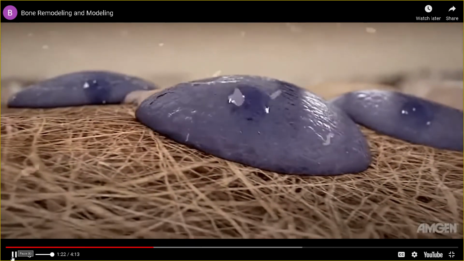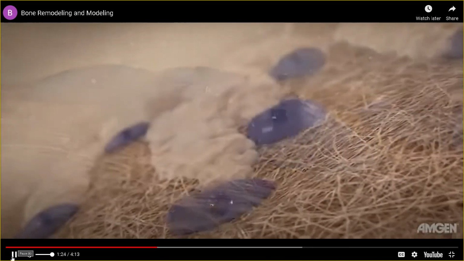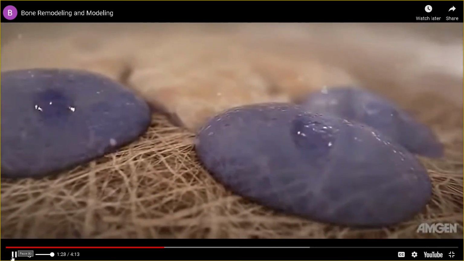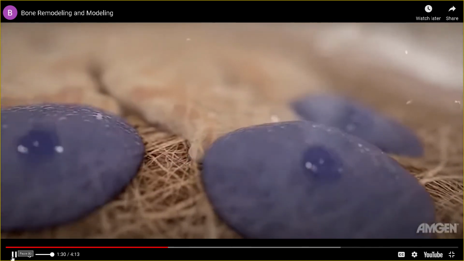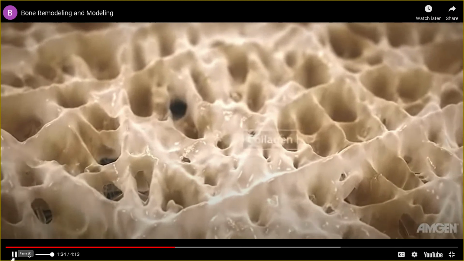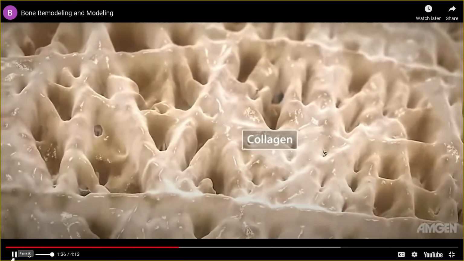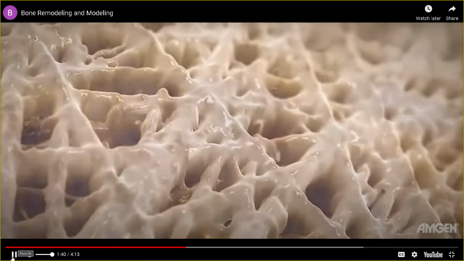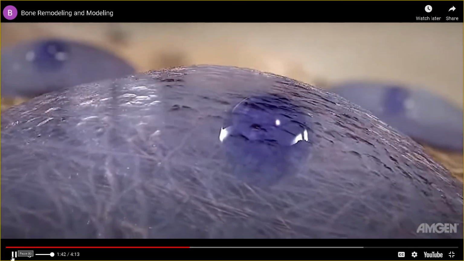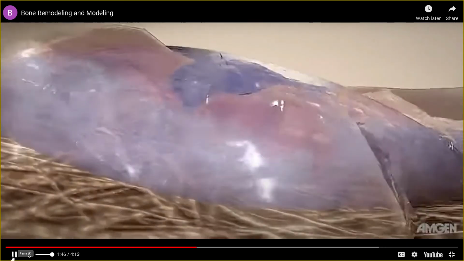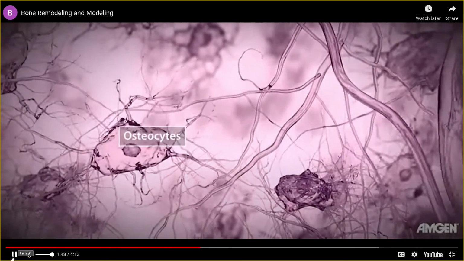Following resorption, osteoblasts move into the resorption space and start to produce and deposit organic matrix called osteoid. Osteoid, a substance made predominantly of collagen, forms a scaffold in which minerals including calcium and phosphate begin to crystallize. Some active osteoblasts become trapped within the matrix they secrete and thereby become osteocytes.